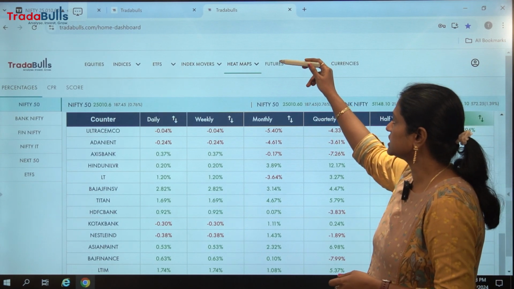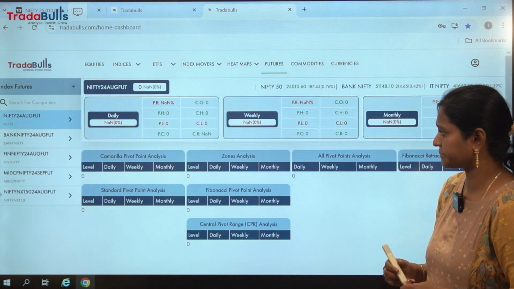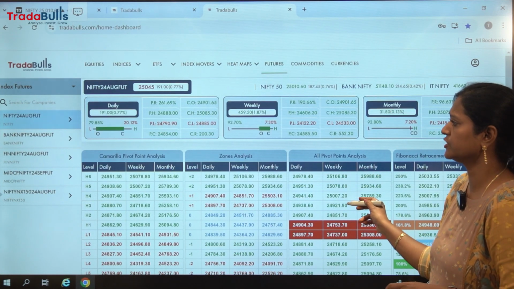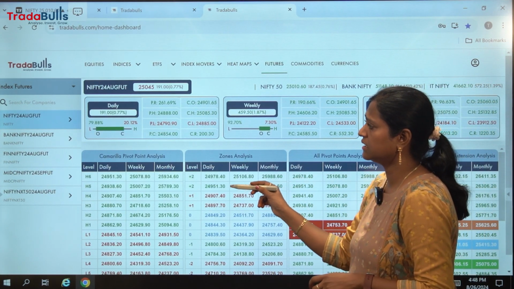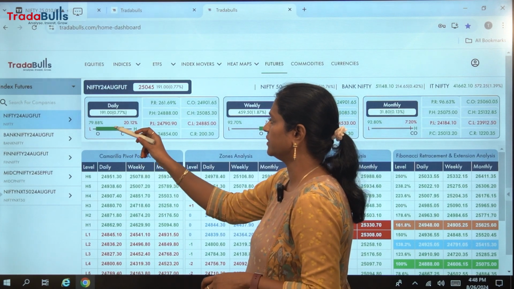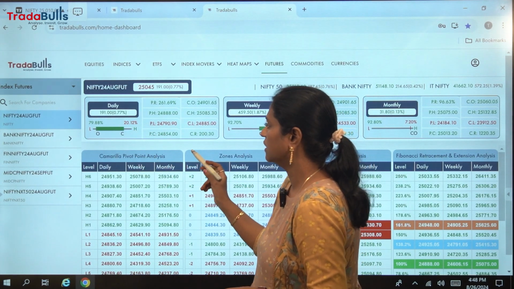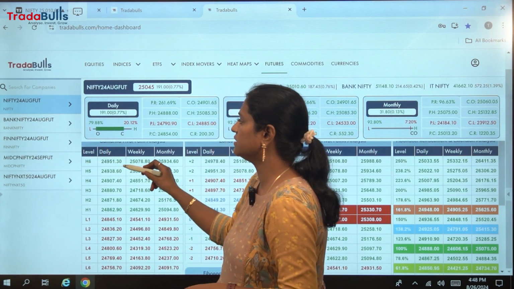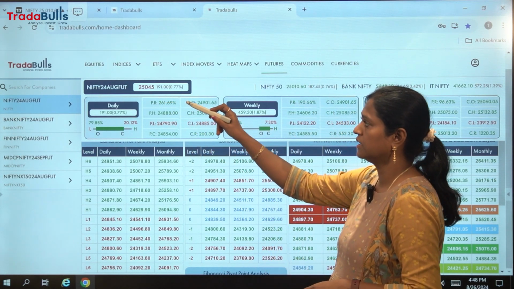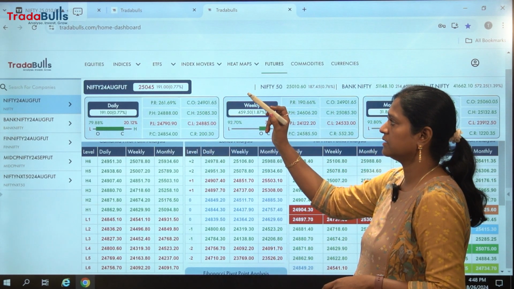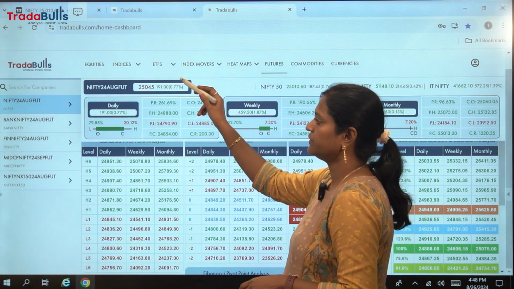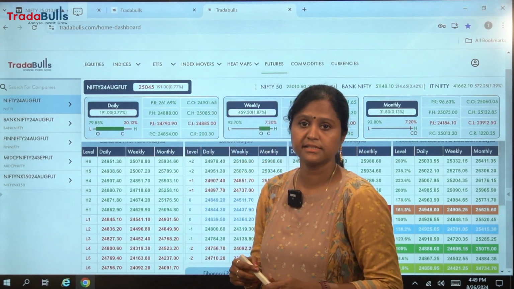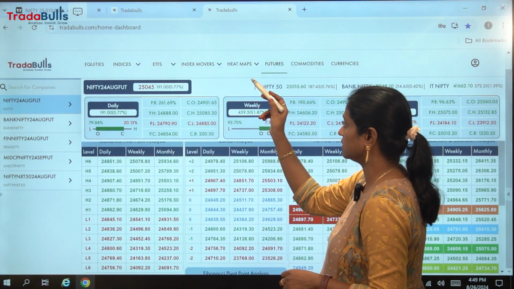So coming to next is futures. As we saw for equities and indices, similarly we have it for futures.